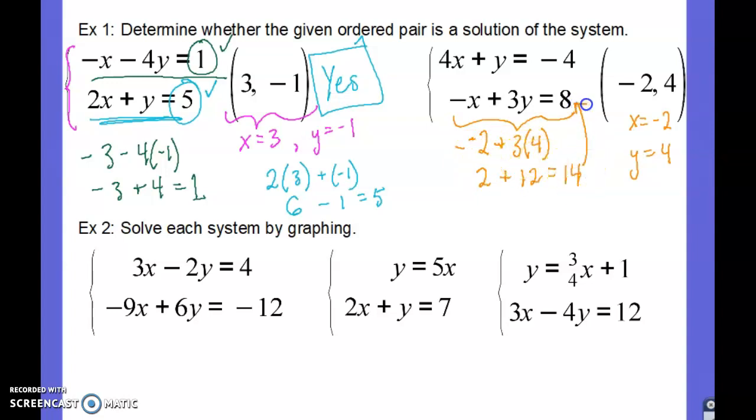It was supposed to equal 8, so that is false. Maybe put an x right there. And if this one is false, don't even bother trying the other one, because the answer is automatically no. Again, feel free to pause the video at any point and confirm your answers.